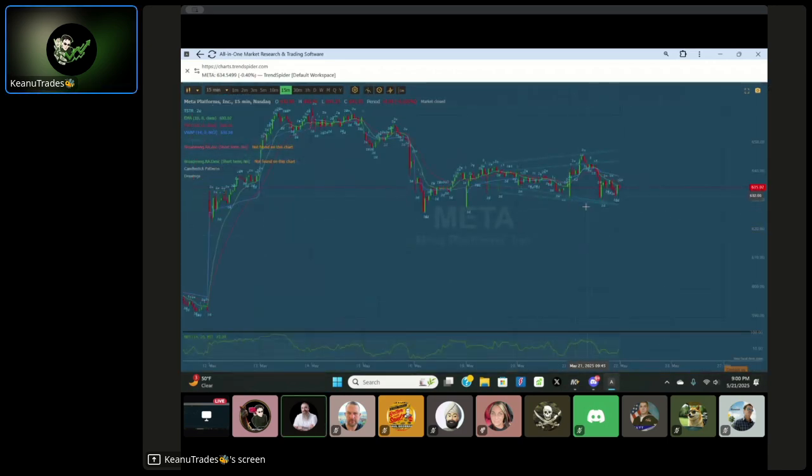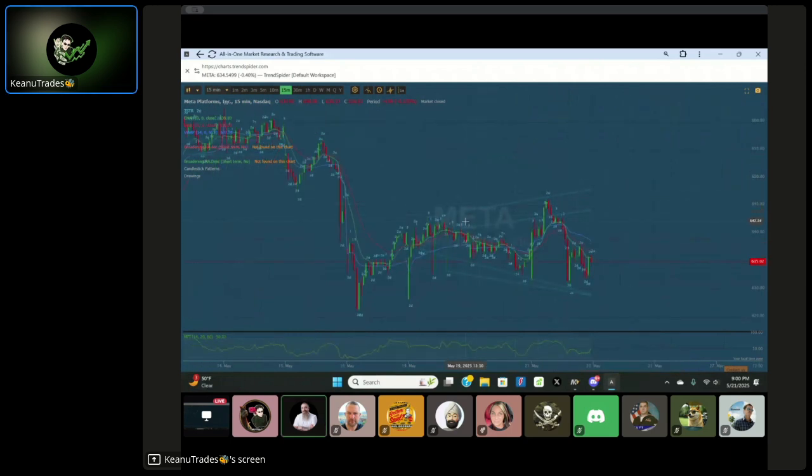Here's Meta's 15-minute. Meta's really been range bound lately. I mean, we have a couple of broadening formations here, but it's really been range bound. And it looks like here's your flagpole, and you've got this long flag here.